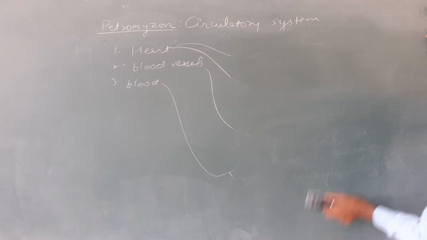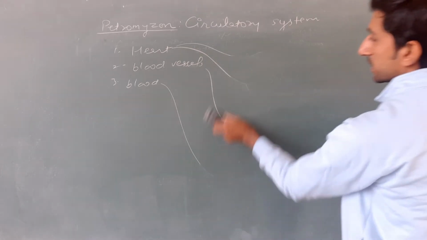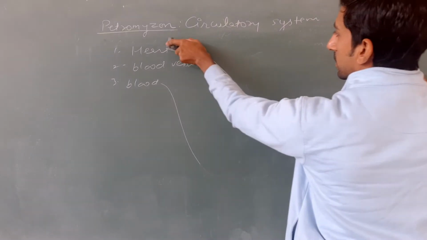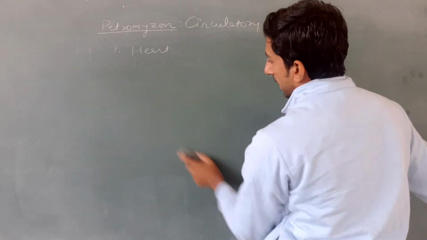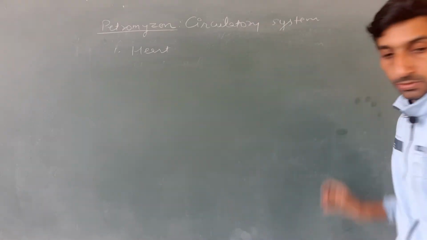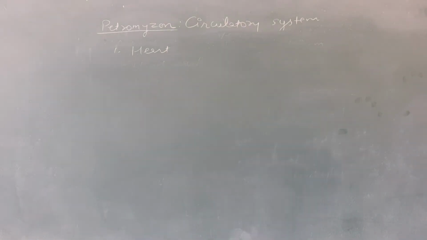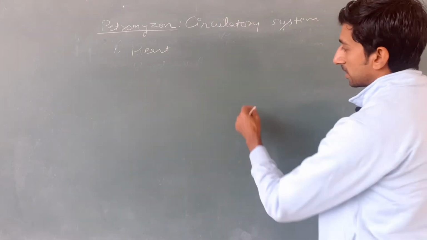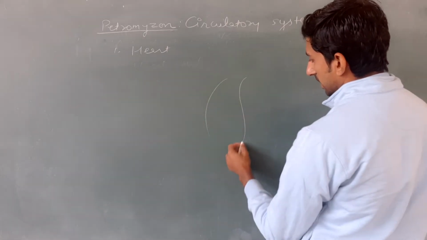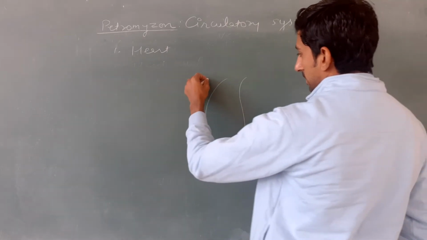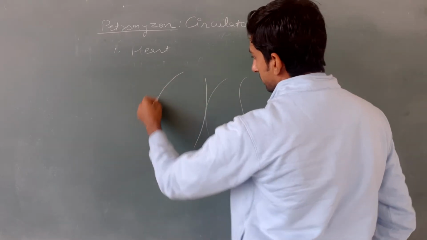As we already know, there are two chambers in the heart of Petromyzon, atrium and ventricle. If we see the shape of the heart, it is S-shaped. It has two chambers.